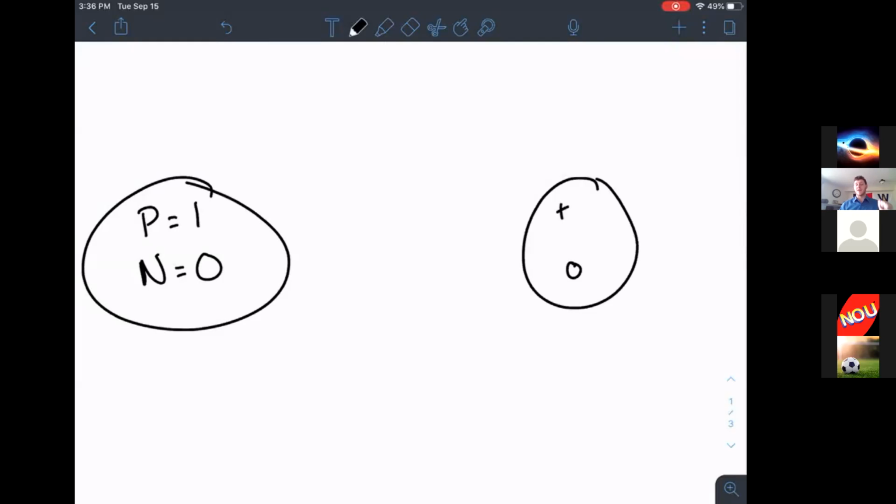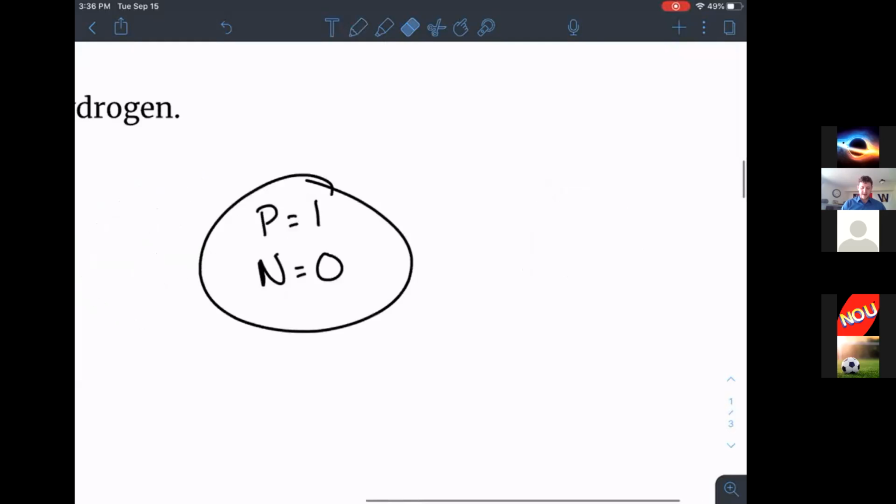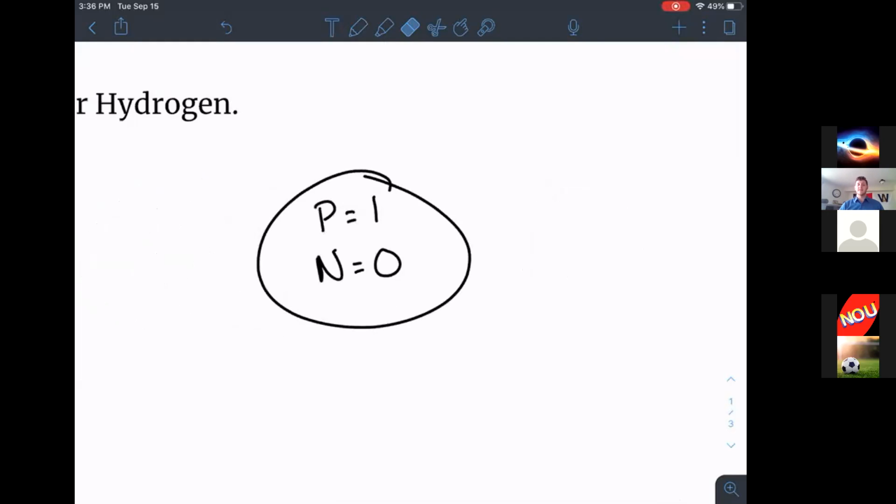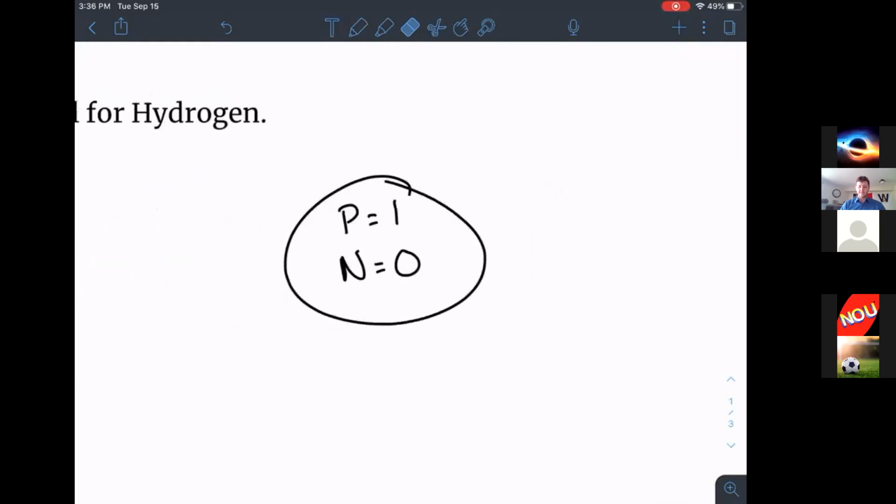But as we go further, we're going to draw Bohr models all the way up to element 18, which has 22 neutrons. I don't know if you want to draw 40 pluses and zeros in your little nucleus. So instead, if we just write this with 1 proton and 0 neutrons, that shows you know what our nucleus is supposed to look like.